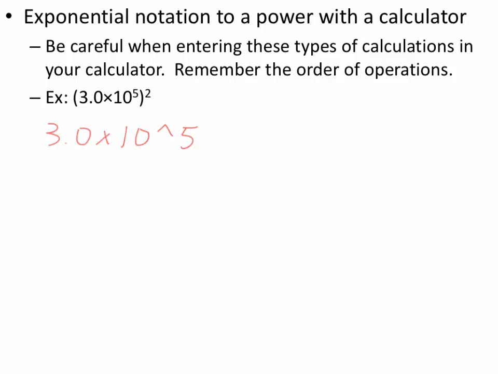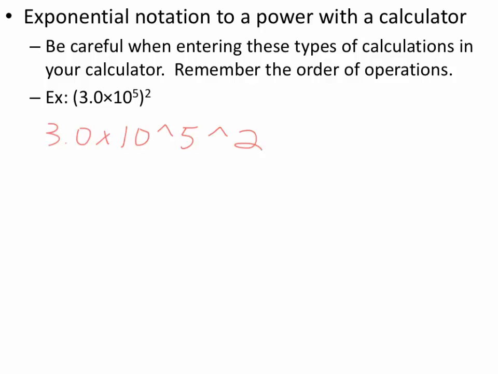But if you then have this squared in there, so if you then go to type in the second power, now it starts screwing things up. Because now your calculator does the 10 to the 5 here, and then takes that and squares it, and then it takes that whole result and multiplies by 3. Because exponents come before multiplication in the order of operations.